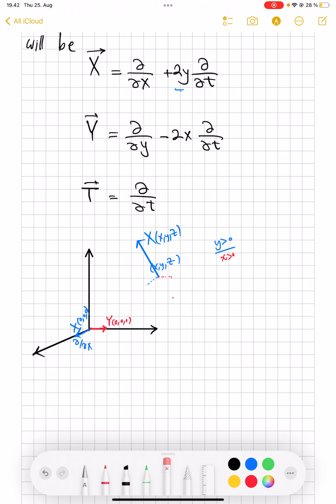This picture is quite confusing, I admit, because this blue one is sticking out of the page towards us, but the red one is flat on the screen. And the partial t, which is this green one, will translate to just itself. What is left the same is that these will always be linearly independent. They will span, again, the whole tangent space.